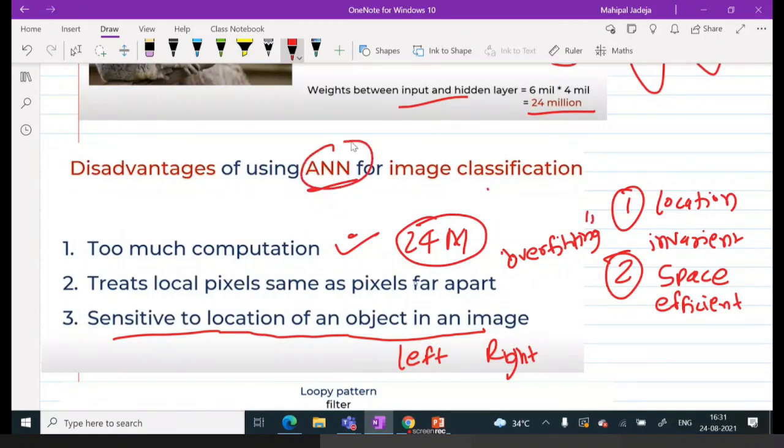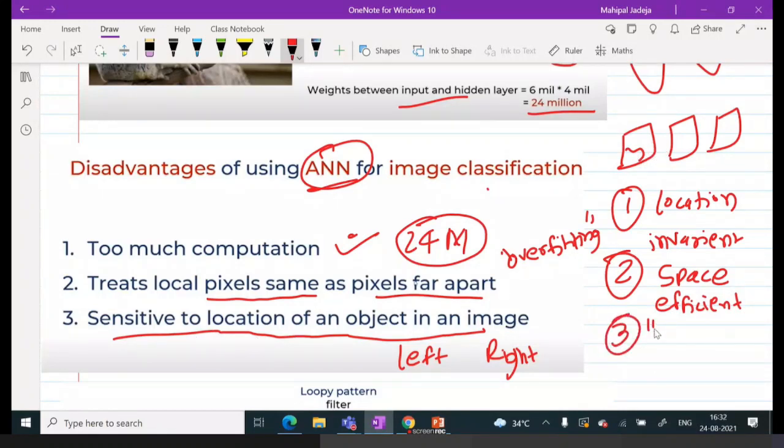ANN tends to overfit our data. Why? Because it treats local pixels the same as pixels far apart. In the earlier example where a dog is sitting on a sofa, the system doesn't know which object is important, dog or sofa, and the focus may shift to the sofa, not the dog. So we also want a system which doesn't support overfitting.